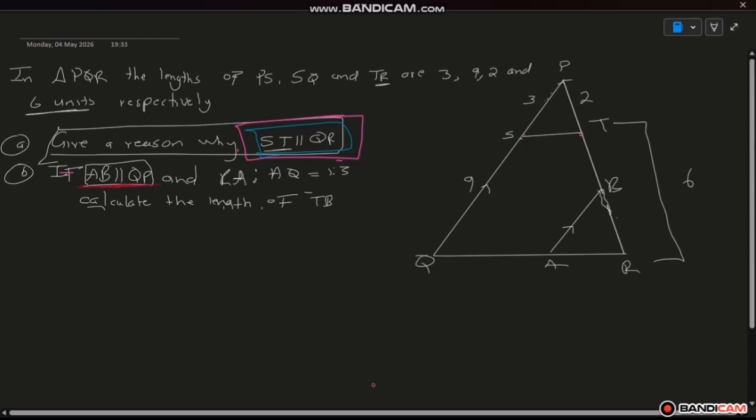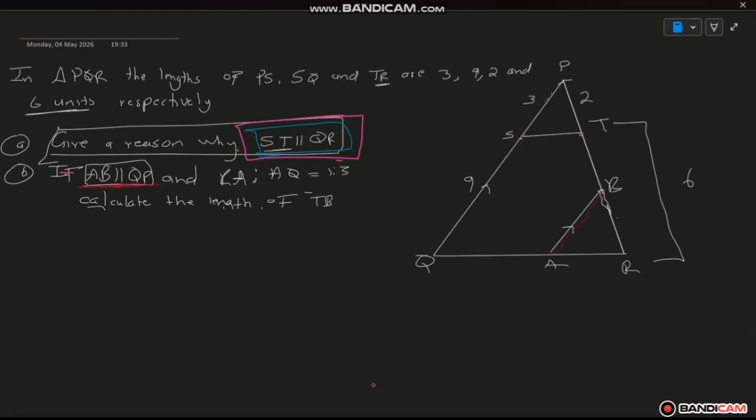If AB is parallel to QP, this is AB over here, and this is PQ, then PR and QR will be divided proportionally, or in proportion.